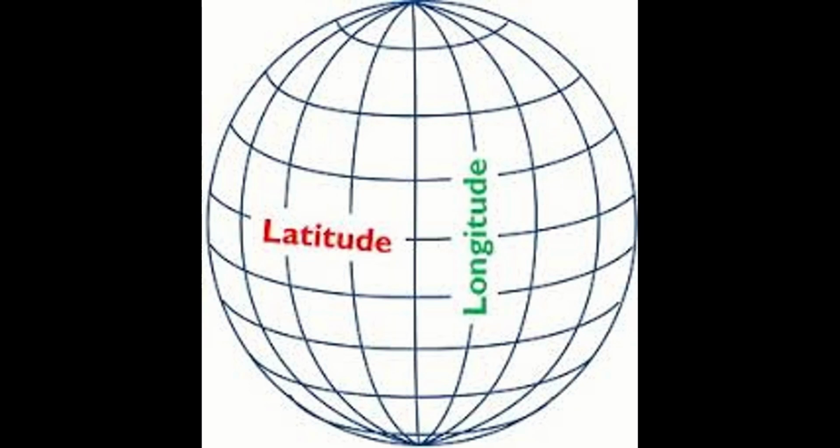The parallels of latitude and lines of longitude form a network on the globe which is known as grid. The point at which a latitude and a longitude cross helps us to locate a place. To locate a place, we must know its degree of latitude and longitude.